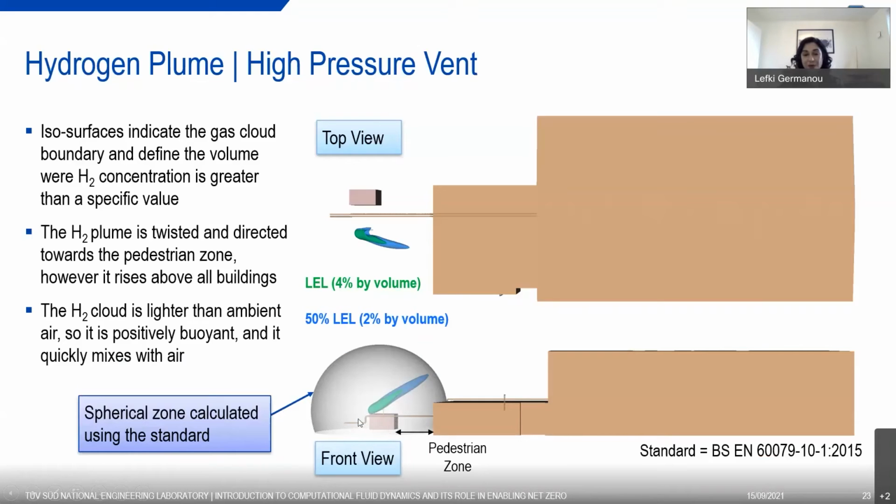However, CFD tells us that at the ground level there is not a problem at all. And from this comparison, we already realize the benefits of simulating our problem using computational fluid dynamics.